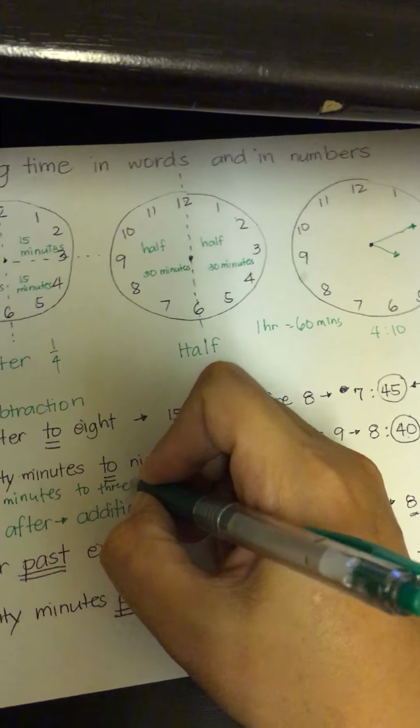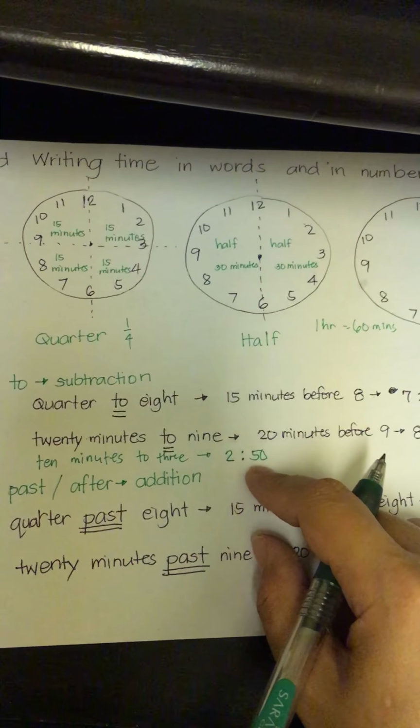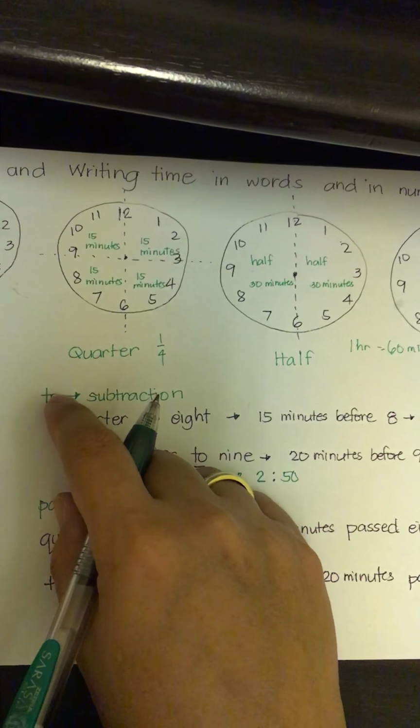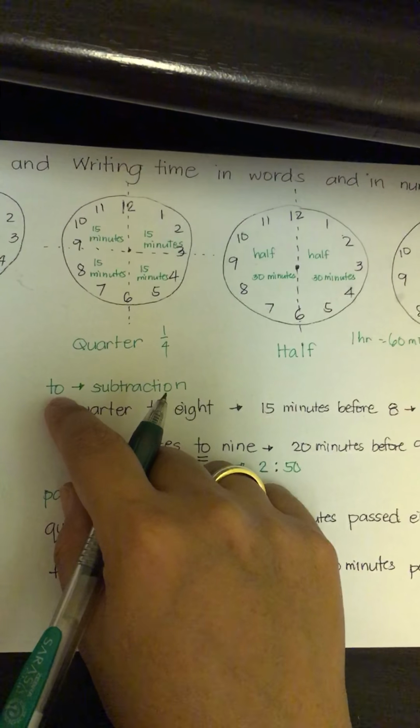Then we subtract 10 minutes from 60. 60 minus 10 will be 50. So the answer will be 2:50. That is also 10 minutes to 3. It's not yet 3 o'clock, so we still need 10 minutes to go to 3 o'clock. That is what the word to means in reading the time.